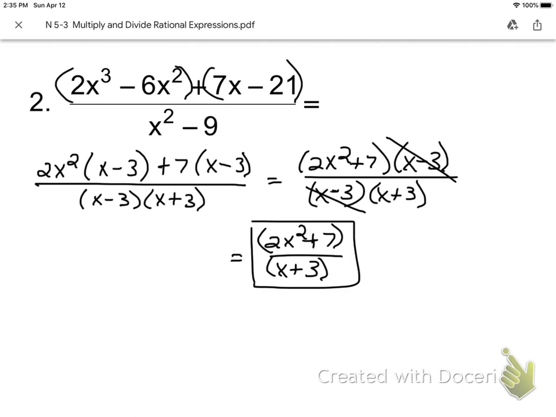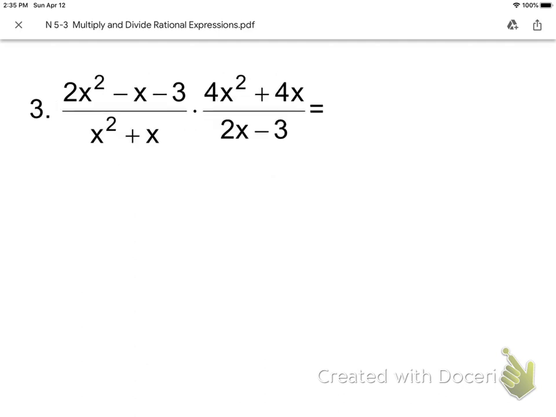They have to be identical to cancel, because again, you're looking for something over itself to be equal to 1 because they match exactly. So those do not match exactly. You can't cancel the x's. You can't reduce any of the numbers. So be careful about that, because I know students always try to do that. So this would be your final answer, just like this. Let's look at example 3.